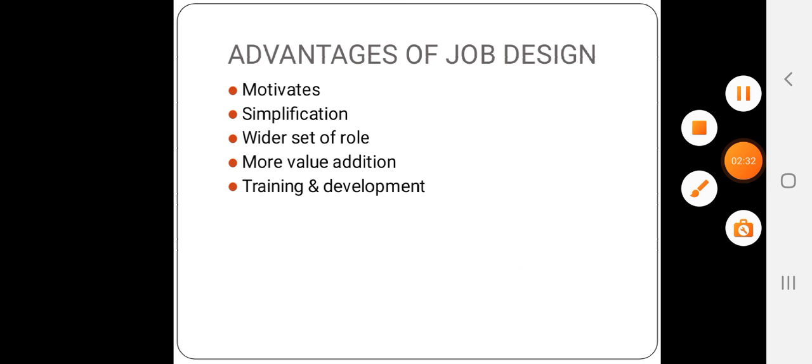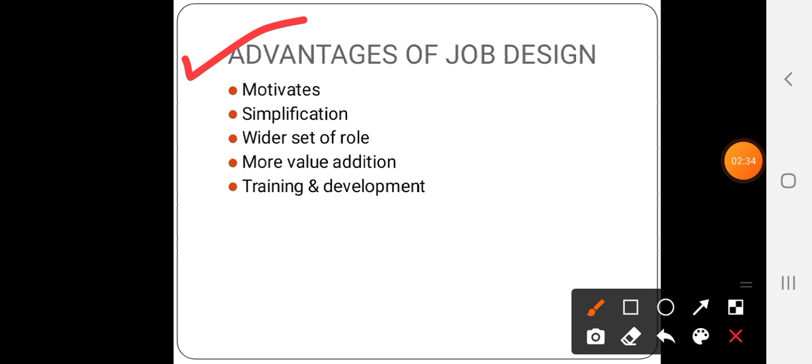So what are the different advantages of job design? How will it be beneficial to the organization? We'll discuss them one by one. First is motivation.